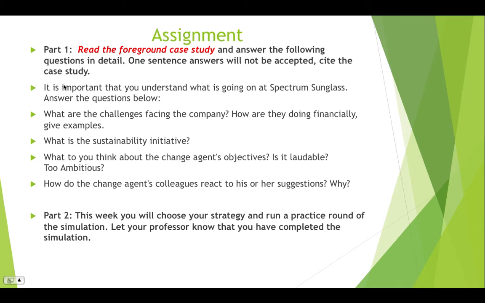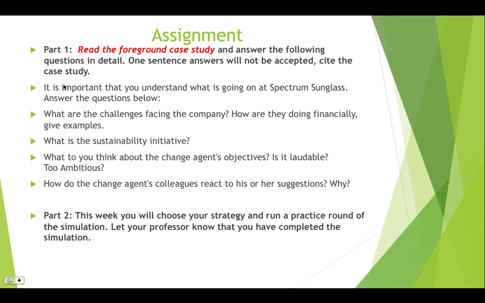In terms of the assignment, there's 2 different parts this week. The first is that I want you to read the foreground of the case study for our simulation and answer the following questions in detail. It's important that you understand, before you complete the simulation, and certainly as you're reflecting upon what happens during the simulation, what's going on at Spectrum Sunglass.